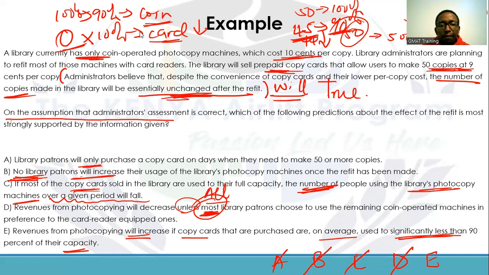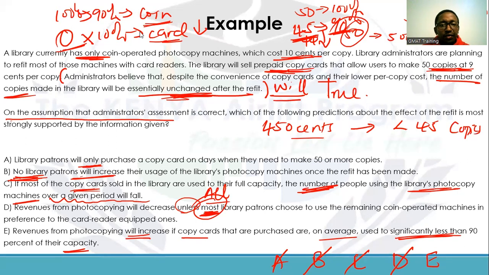So remember, we are comparing with the revenue that we had previously. You are paying 50 cents, because that's a constant price for these prepaid copy cards, and you're printing less than 45 copies.